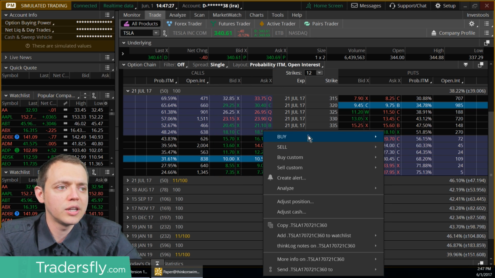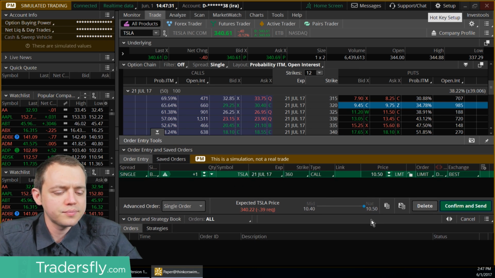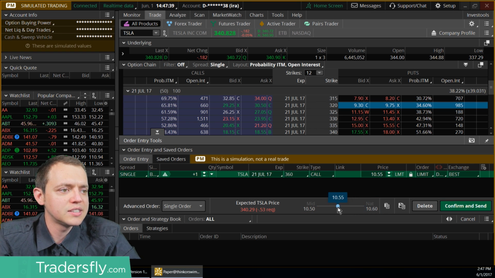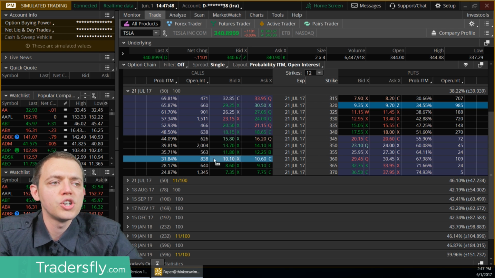If we buy a single, you can see right there the natural price is 10.50. The mid price is kind of 10.40, 10.45. So you might be able to get somewhere in between this level, and the prices are constantly shifting. So 5 cents here or there, you might be able to get somewhere in that range.